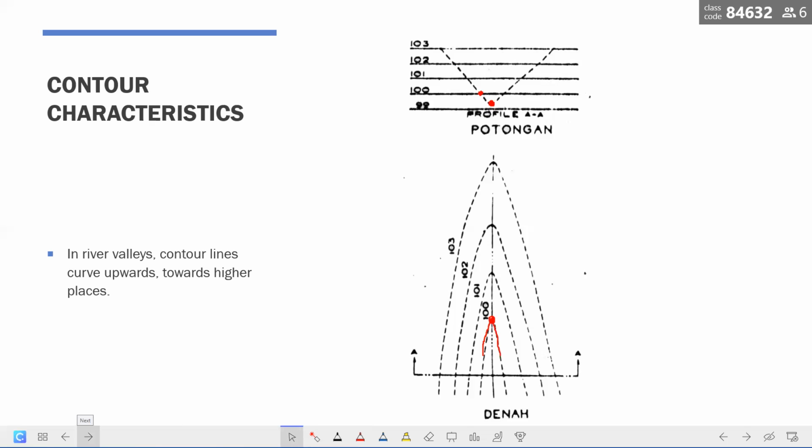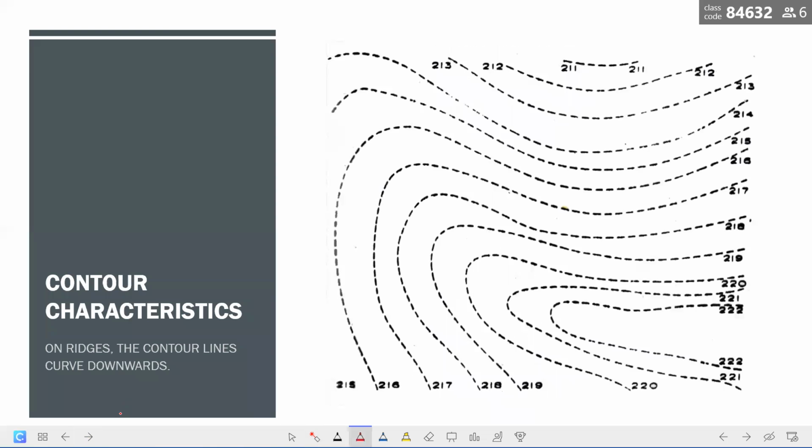Opposite to valleys, where the contour lines tend to curve upwards towards a higher elevation, on ridges the contour lines tend to curve downwards.